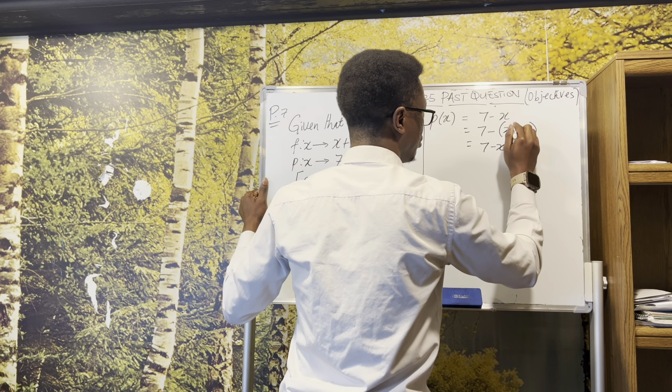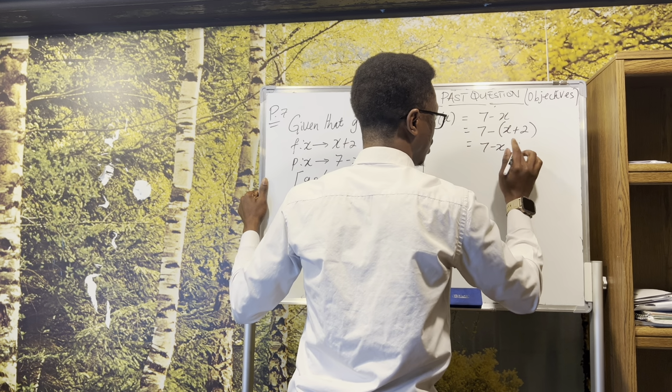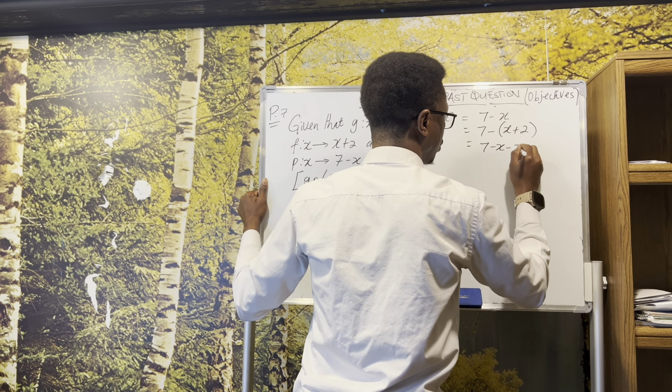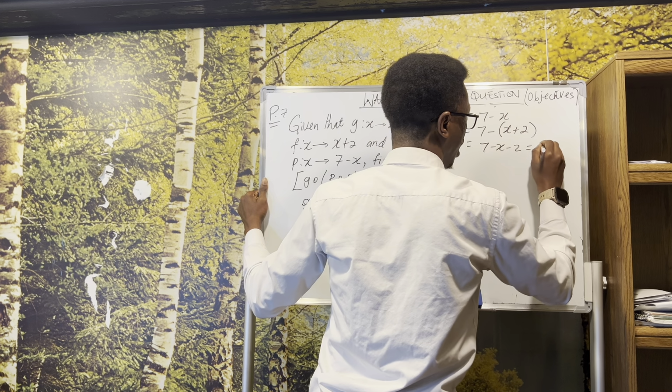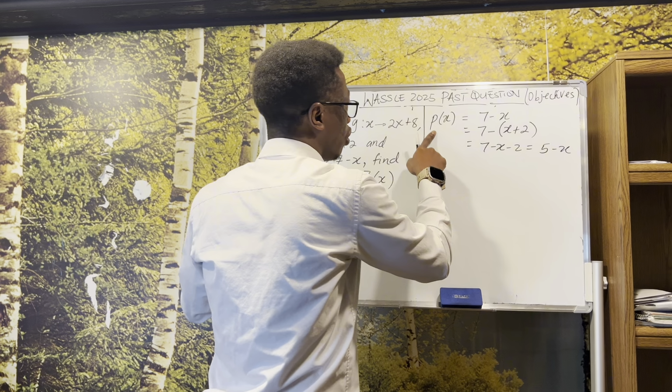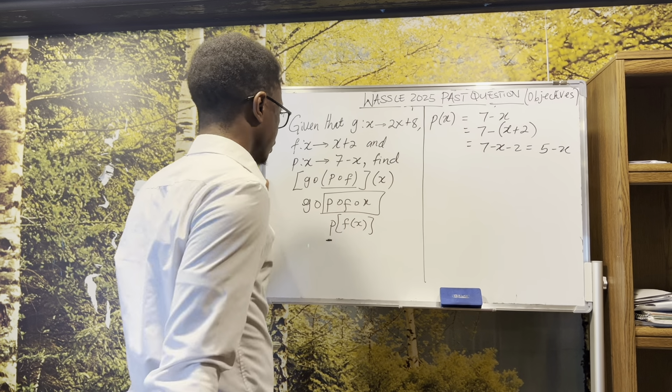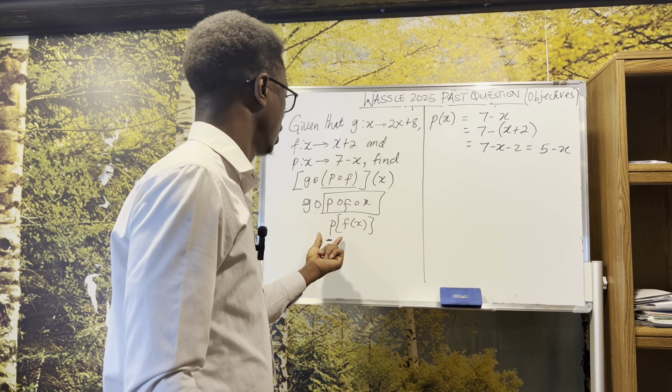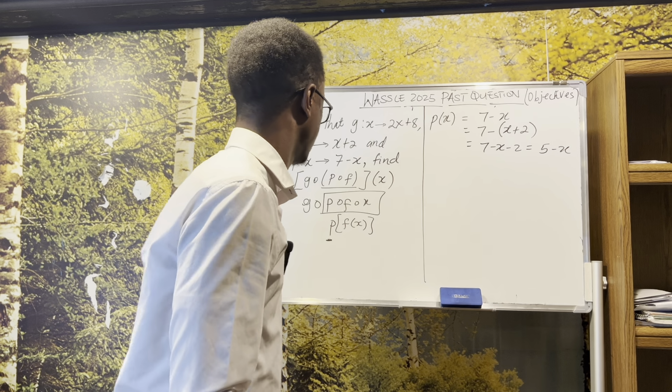So 7 plus 2... sorry, 7 and this minus 2 now becomes 5, minus x. So that's your p of f, which becomes 5 minus x.